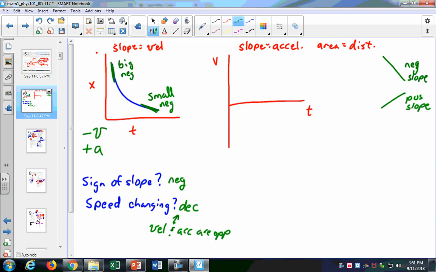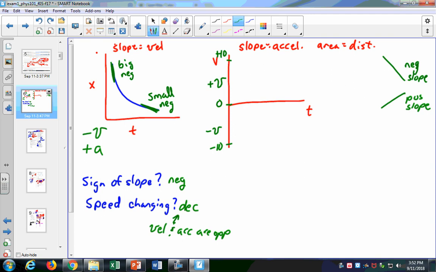Okay? Now, I also want you to be able to translate this graph over into V versus T. You might have a question like that where I give you a position versus time and I ask you to show me which V versus T is the correct one. Well, down here I have my negative velocities. Up here I have my positive velocities. Just try putting in some numbers. Say this is 0, this is negative 10, this is positive 10.